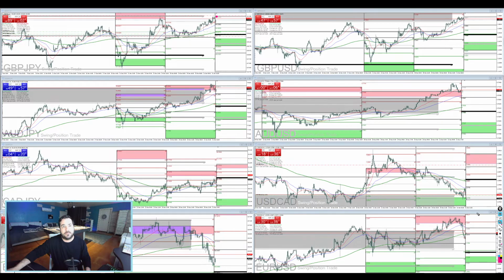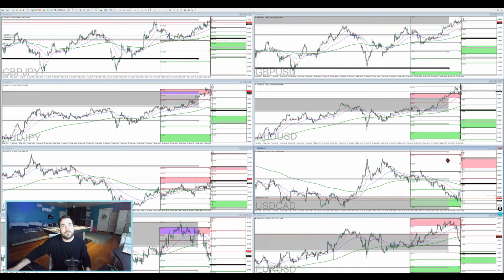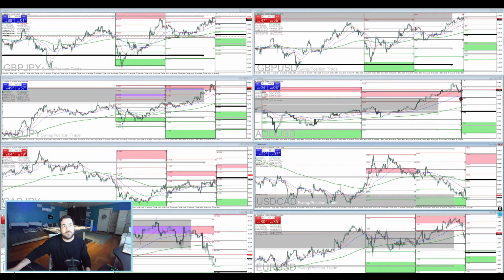Swing trade alert. Okay, that's a little premature. Let's go ahead and see what that is. Swing trade alert. Put it up a little bit higher for the Australian because that's still not exactly where I want it to be. Okay, now we're getting there. A little bit higher on that one.